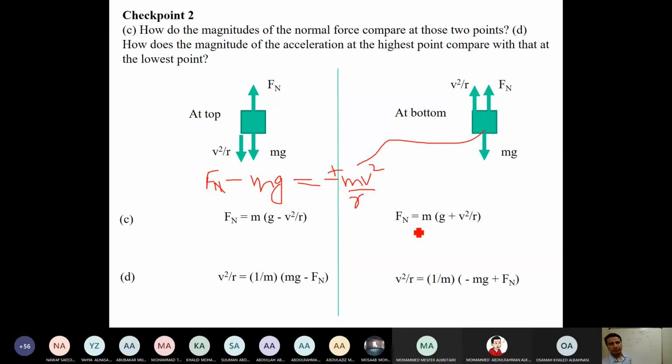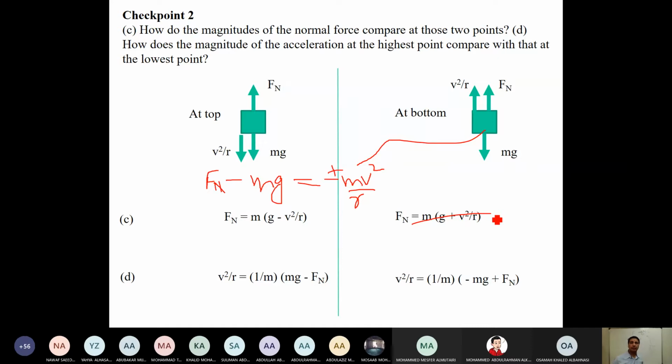And then you get at the end this formula, because you may have noticed that when you are passing through the bottom, you are pushing the seat a little harder. And pushing harder means that as a reaction, the seat will also have proportionally more upward force.